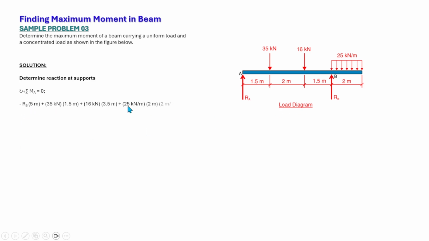Minus RB times 5, that is counterclockwise, times the moment arm, which is 5, plus 35 times 1.5, plus 16 kilonewton times 3.5, plus the uniform load of 25 kilonewton per meter times the distance, which is 2 meters, times the moment arm from the centroid of the load to point A, which is 2 meters over 2 plus 5, is equal to 0.